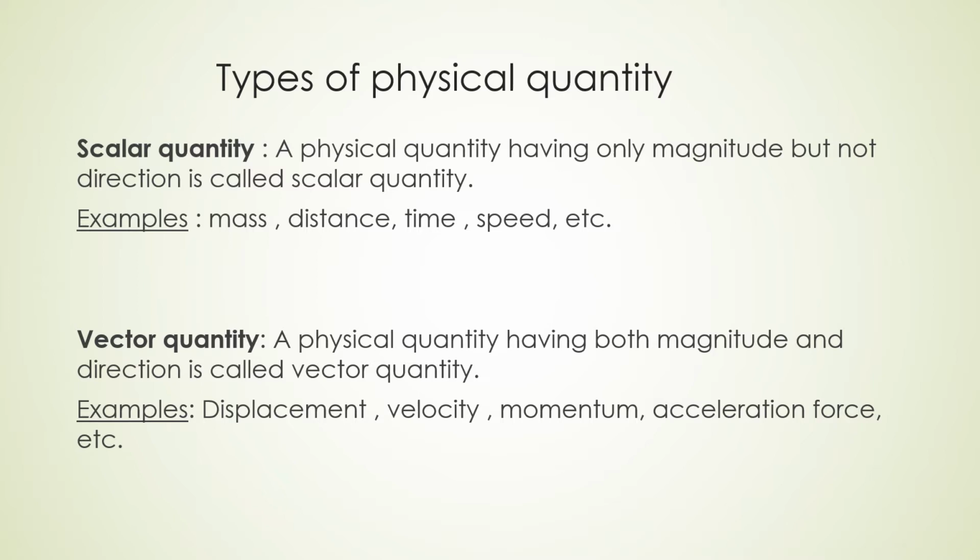It has a particular direction and also a magnitude, like 10 meters towards north or south. Also velocity, momentum, acceleration, force, etc. are vector quantities, having both magnitude and direction.